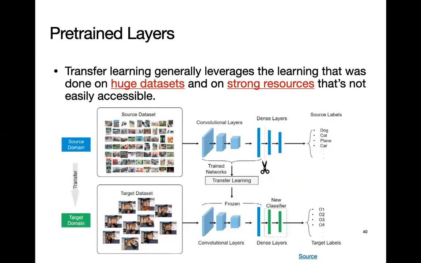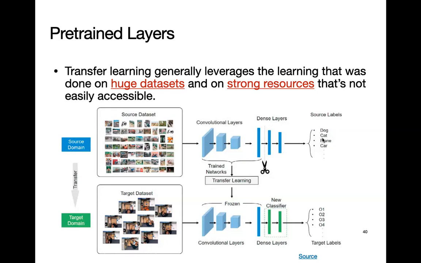But there are some people that have a lot of resources, that can afford training such models. They will take a big source data set and train the model to classify a big range of categories. Some even have 1,000 categories. The small size version of this, which we maybe discussed in the lab, is, for example, the CIFAR-10 data set that classifies cats, dogs, automobiles, planes, and so on.